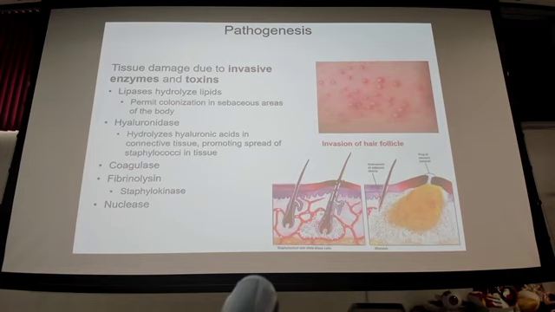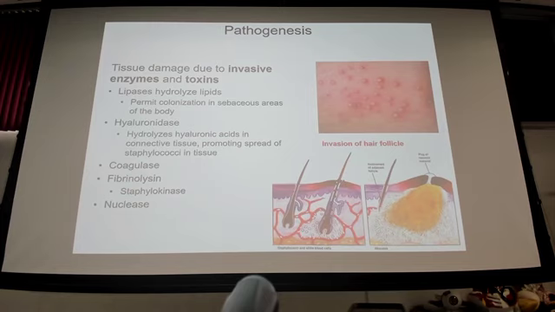Some of these invasive enzymes are important for this. This cartoon shows bacteria causing inflammation around a hair follicle that can eventually grow into an abscess, which is a localized bacterial infection. So don't take this stuff for granted, just be comfortable with it.